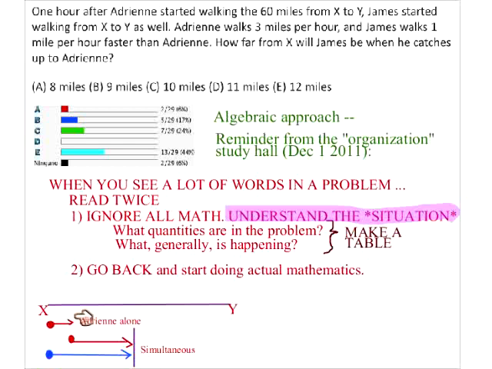If you did not realize that this is what's going on, then that means you got into doing math too early, and you were not thinking about the problem. You're not asking, what's happening in the problem? Because the fact that they walk 60 miles is absolutely unimportant here.